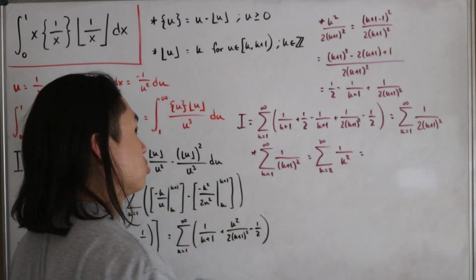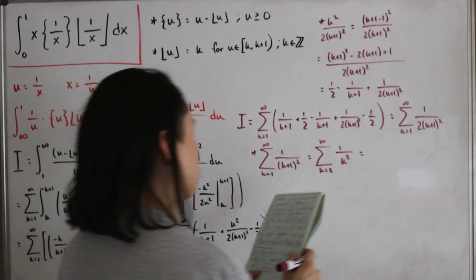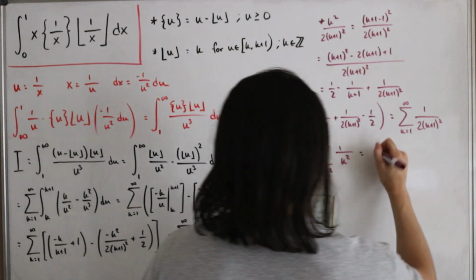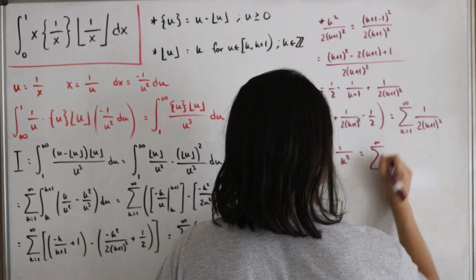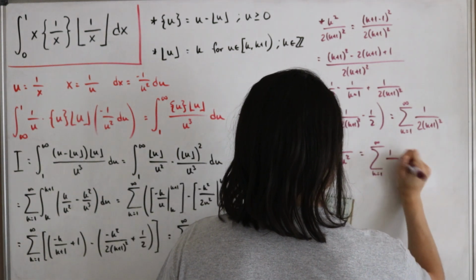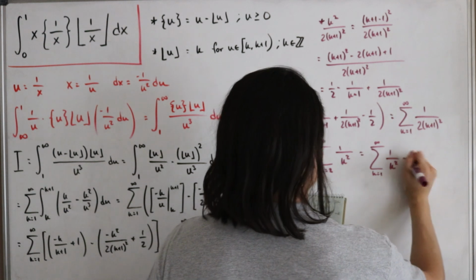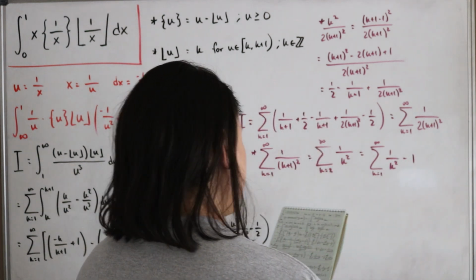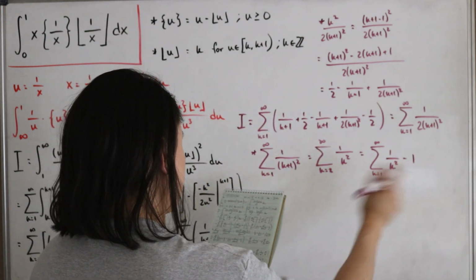But since we have k is equal to 2, we have to evaluate the term at k equals 1 first, and then subtract the difference from there. So then this will yield us the sum k is equal to 1 of 1 divided by k squared, and then subtract 1, okay?